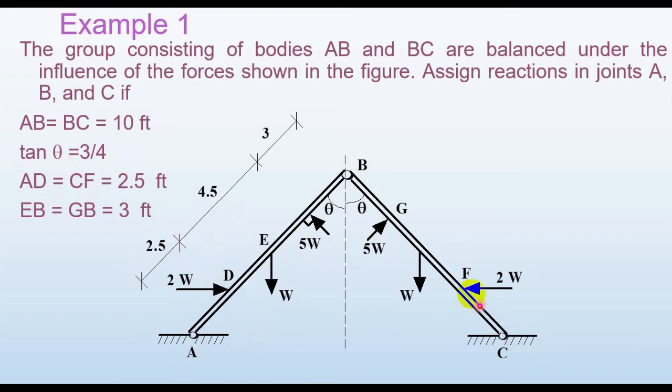CF, this one, 2.5, exactly similar. Also EB, this one, equals 3 feet, and GB equals 3, exactly similar. So this will be 4.5.